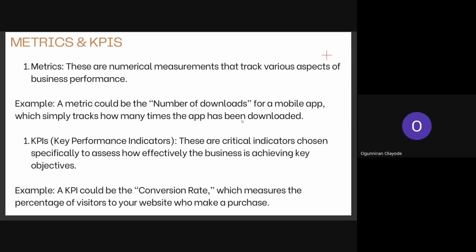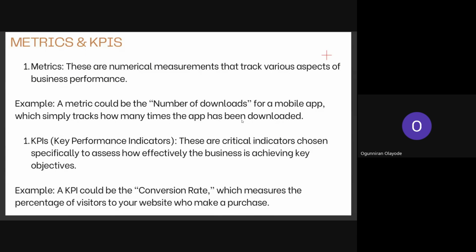Probably to me, revenue is what is really important, what is tied to my business objective. Then that will be my KPI. You understand now? So a metric that is tied to the business objective or goal is known as a KPI, a key performance indicator. They are critical indicators chosen specifically to assess how effectively the business is achieving its key objectives.